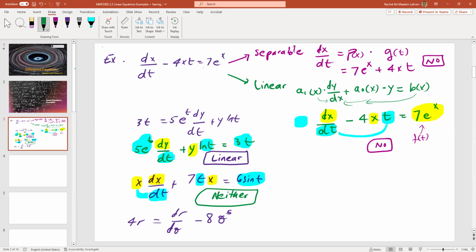All right, the last one here, is it separable? No, because dr over dt, let's do it. When you do this, and you bring in this here, that doesn't give you a product of a function of one variable times a function of the other, right?